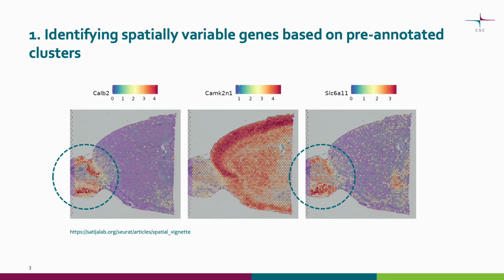This is the same approach as in the single-cell RNA sequencing data analysis workflow when we compute differentially expressed genes between clusters. But here, we also visualize the differentially expressed genes on top of the tissue image. This method works well when the clusters, as shown here, show clear spatial restriction.